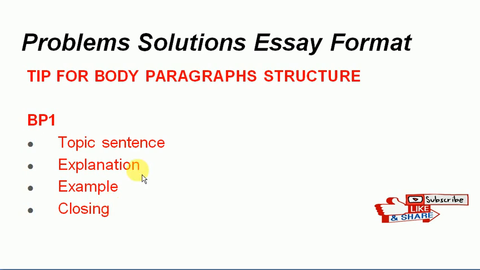So make sure that you follow this order for both the body paragraphs, and this should be implemented in all types of essay, whether it's the opinion essay, discussion essay, problem solution essay, advantages disadvantages, any type of essay. Whenever you are writing a main point, write the next sentence as its explanation, then give the example for it, and then close it.